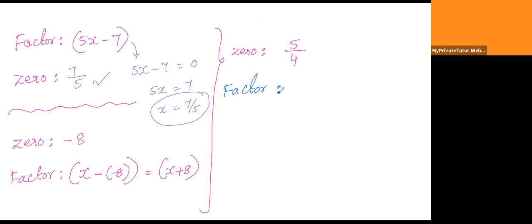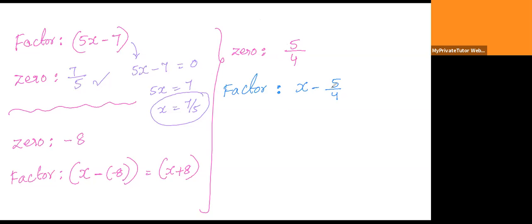I'm waiting for the answers. Joseph, Anna, Mohammed. 0 is 5 by 4. So the factor is x minus 5 by 4.